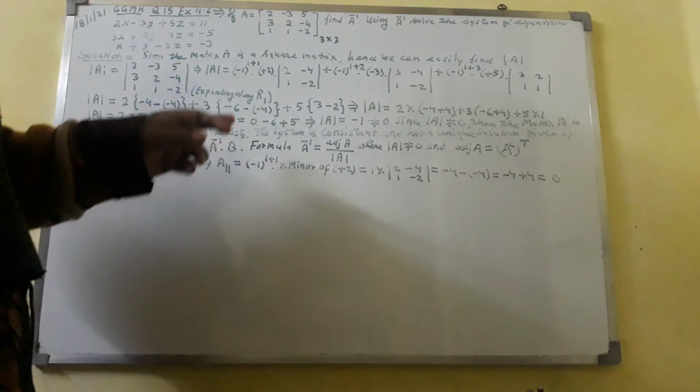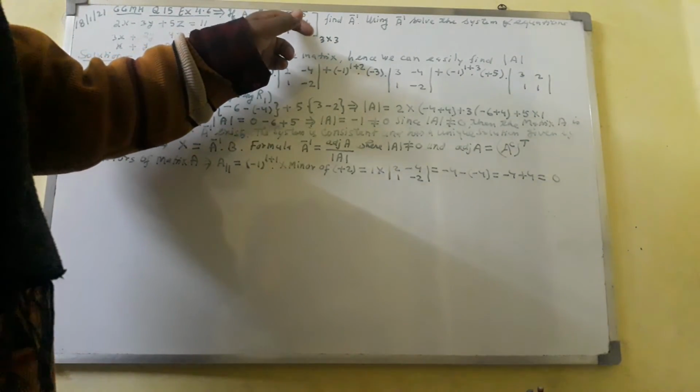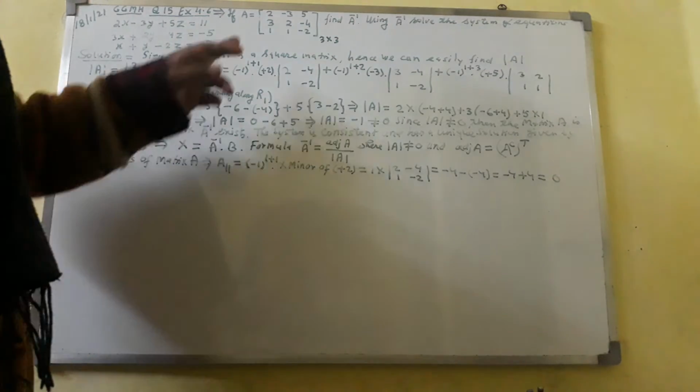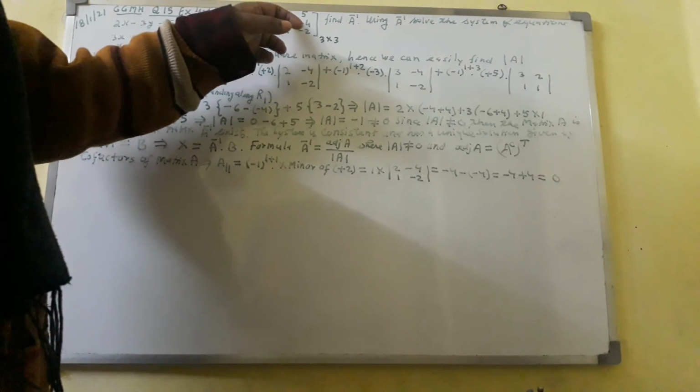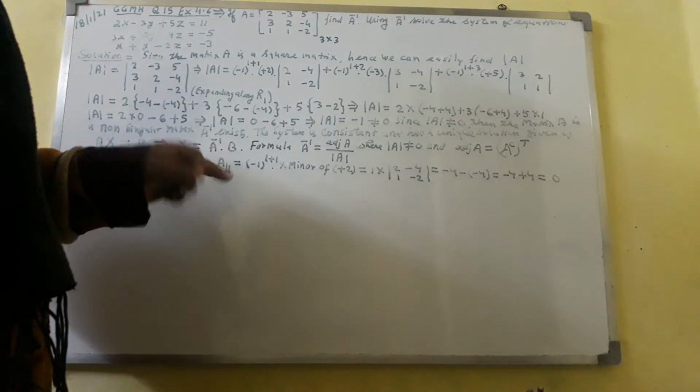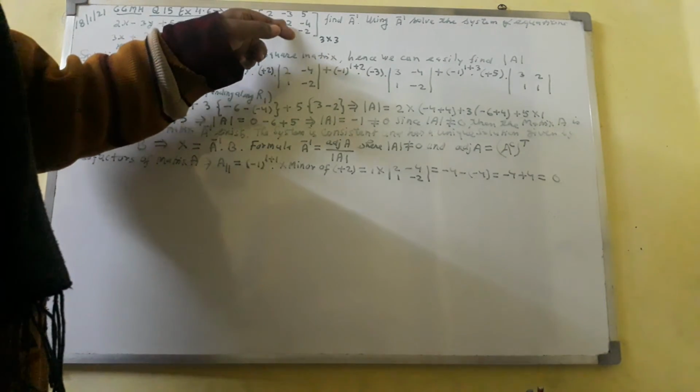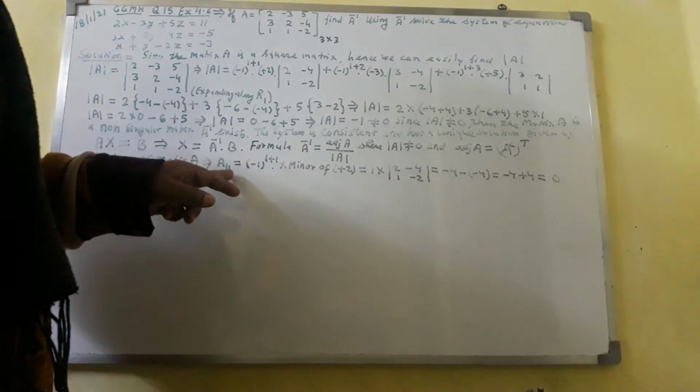Like this, if you take this element -3, -3 is there in first row, so here 1 will be there, and -3 is there in second column, so here 2 will be written.